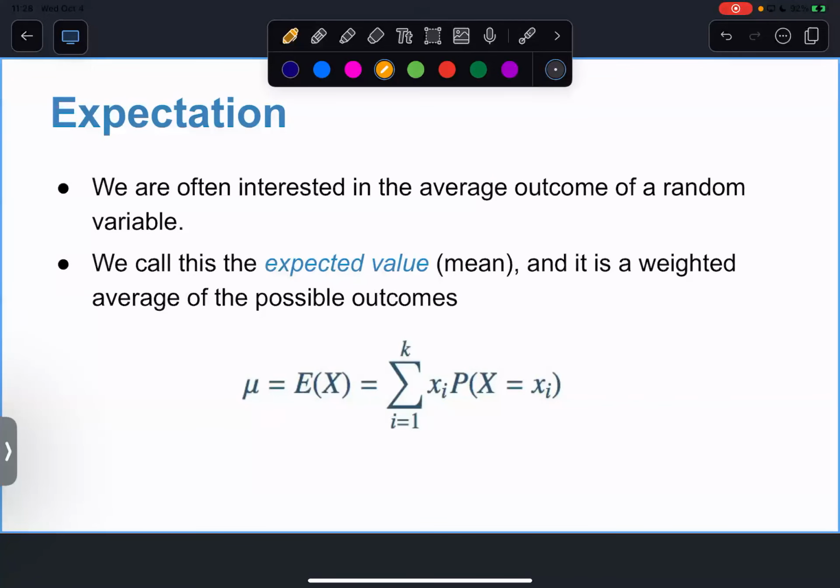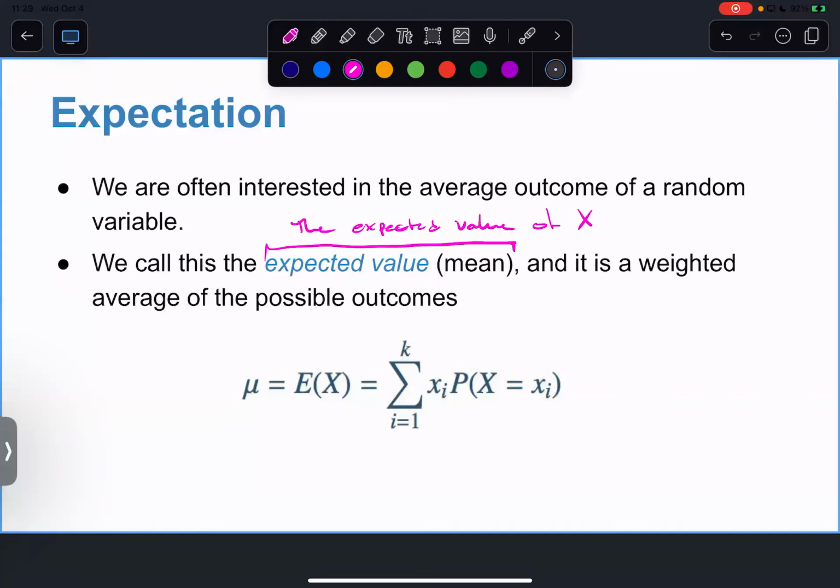So one of the two things that we're gonna have to be able to do after today is to find the expected value. Now, the expected value is just a fancy way of finding the mean, right? The expected value of x, capital X, because it's the random process, right?